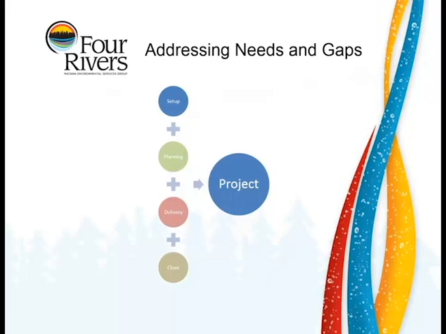The nice thing about this is that with the setup, the planning, the delivery, and the close of the project, we as First Nations people, our groups, organizations, departments and communities can have input into these 4 pieces to create a project that reflects and addresses those needs and gaps in our communities.